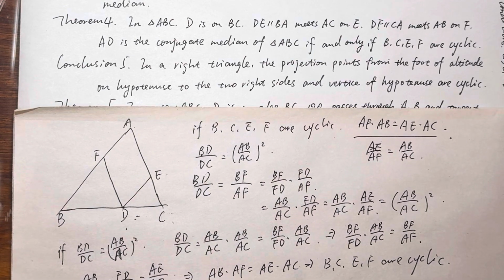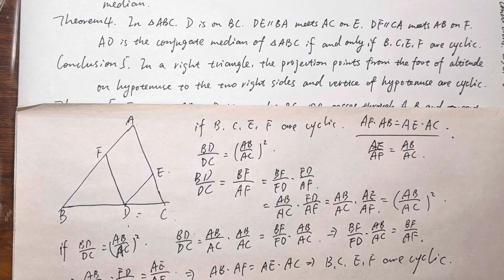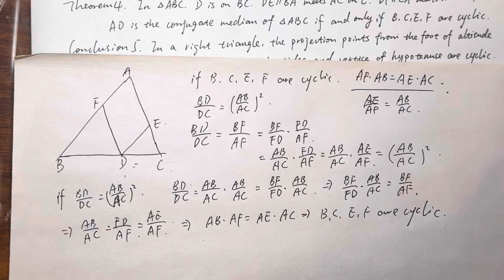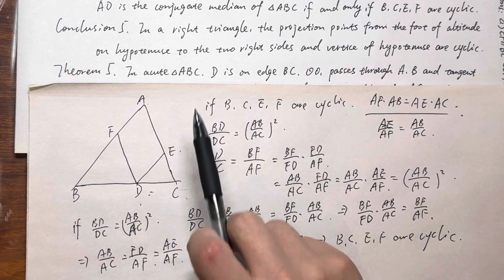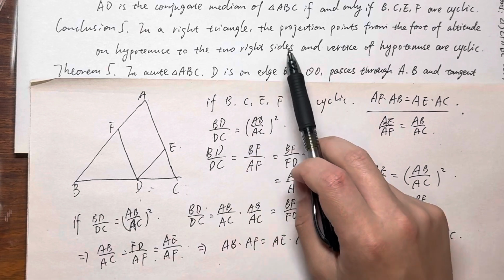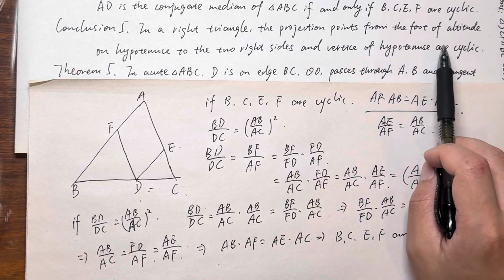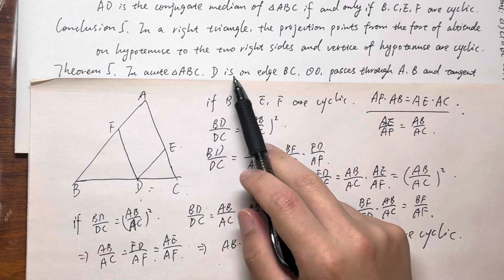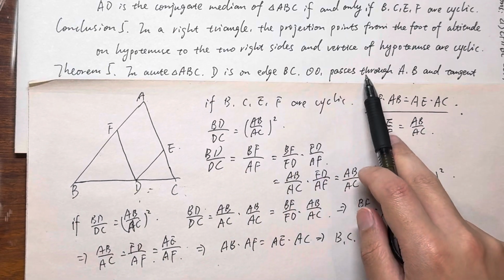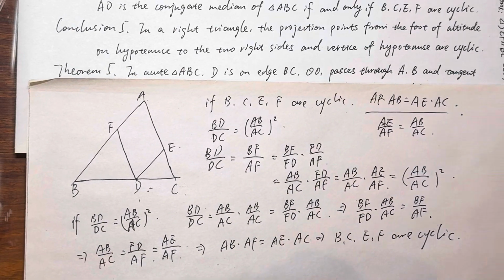Okay, that's theorem 4. And we have the conclusion 5 here, which is saying that in a right triangle, the projection points from the foot of the altitude on the hypotenuse to the two right sides and the vertices of the hypotenuse are cyclic.